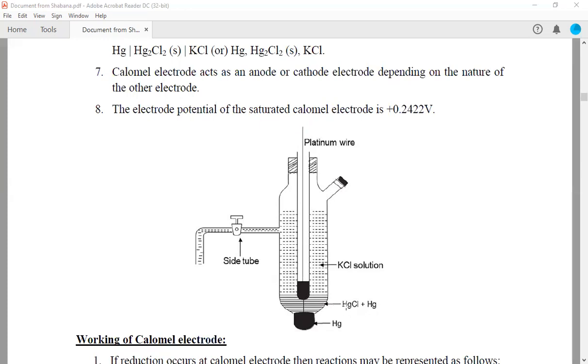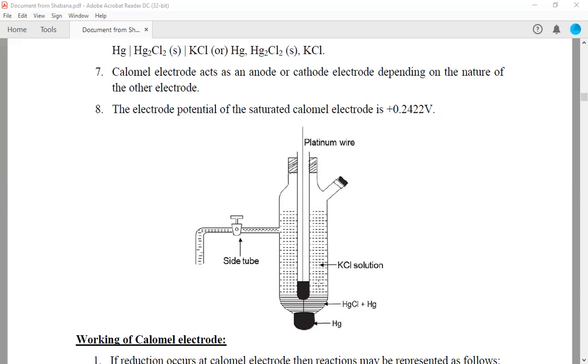This is Hg2Cl2 with mercury, in KCl solution, which is the electrolyte. The electrolyte is a solution of potassium chloride.